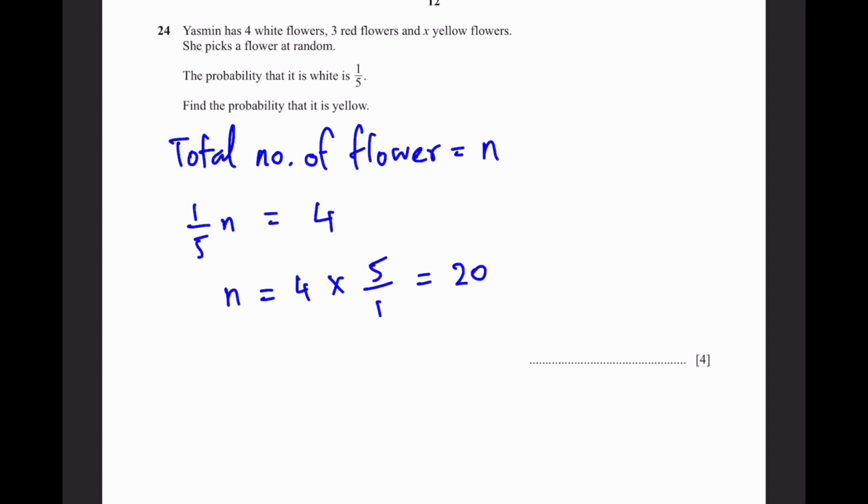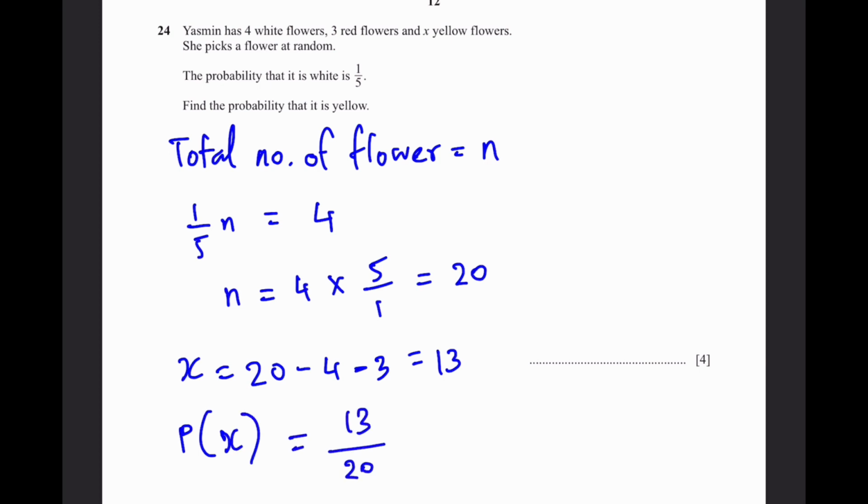So the total number of flowers is 20. x, which is the number of yellow flowers, is equal to 20 minus 4 minus 3, because 4 white, 3 red, and the answer to that is 13. The probability of getting a yellow flower, probability of x, is equal to 13 by 20, because there's 13 yellow and 20 total. And that is the answer.